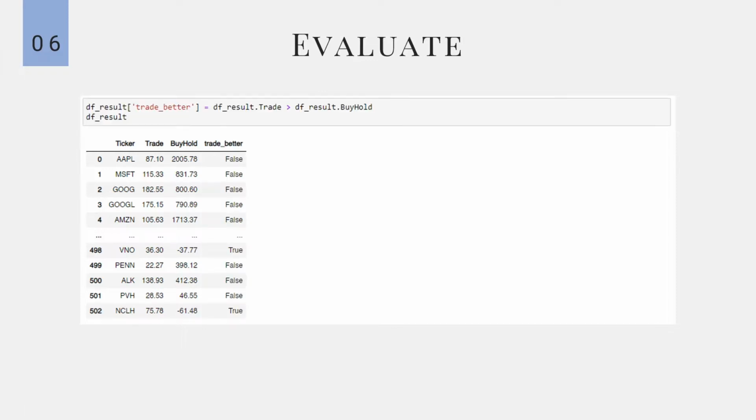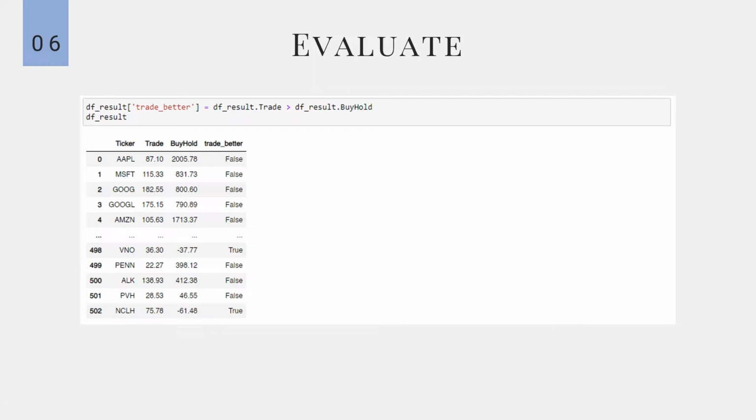To make the evaluation a bit easier, we create a new column which we name trade better, which will simply give a true or false value regarding if the trade would have been better than the buy and hold strategy.